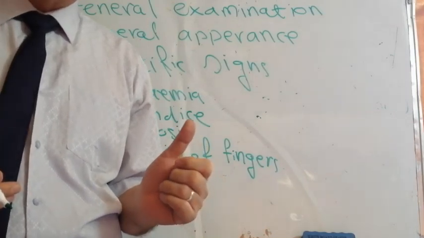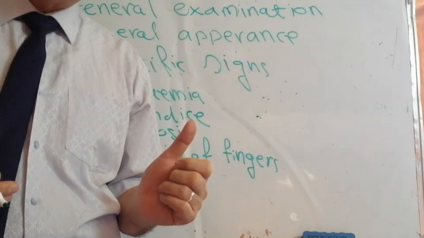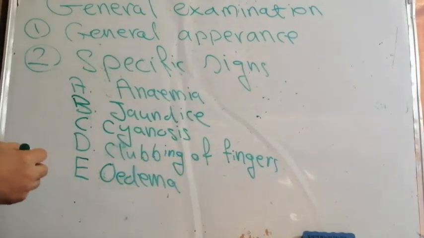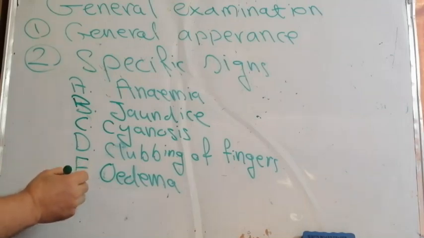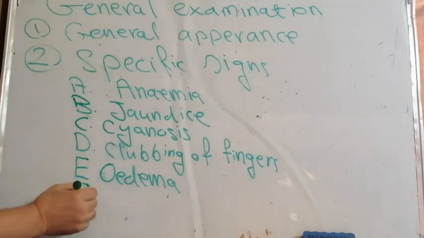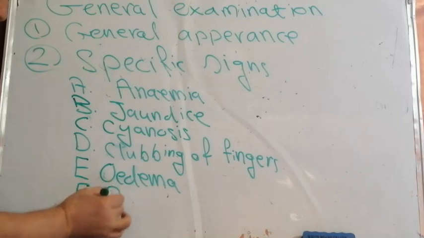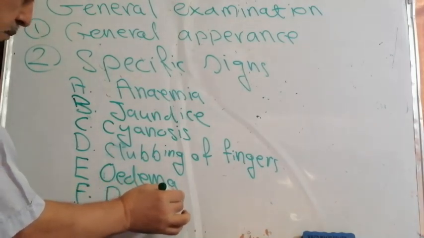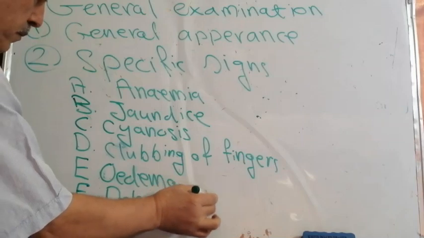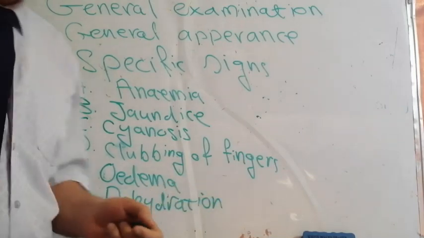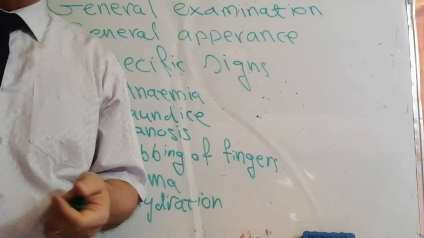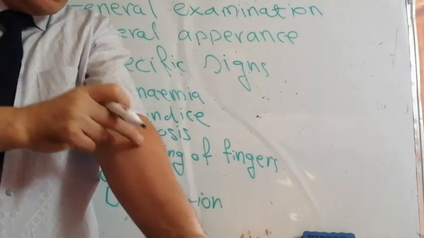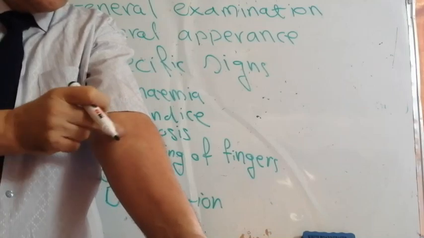It can also be checked in the presacral region at the back. F, dehydration. Of course the tissue turgor will be lost. We just pinch the skin and see whether it returns to normal or is delayed.